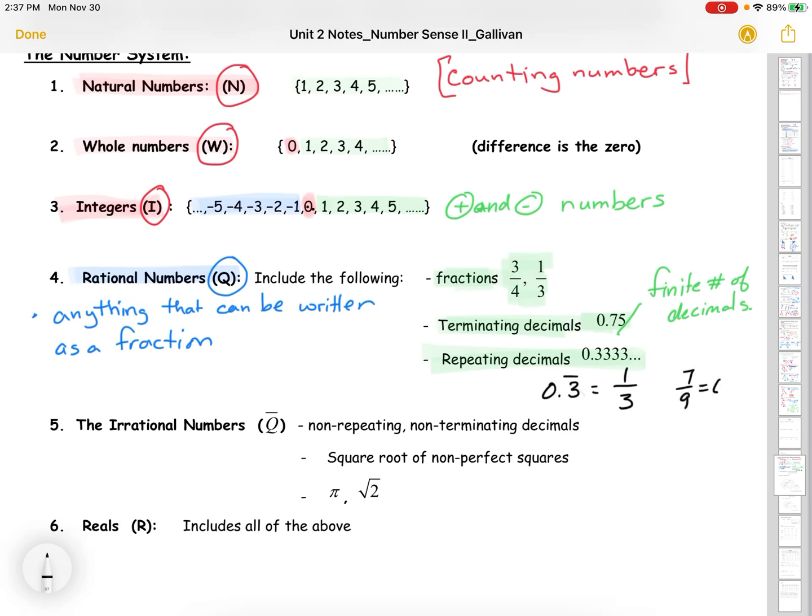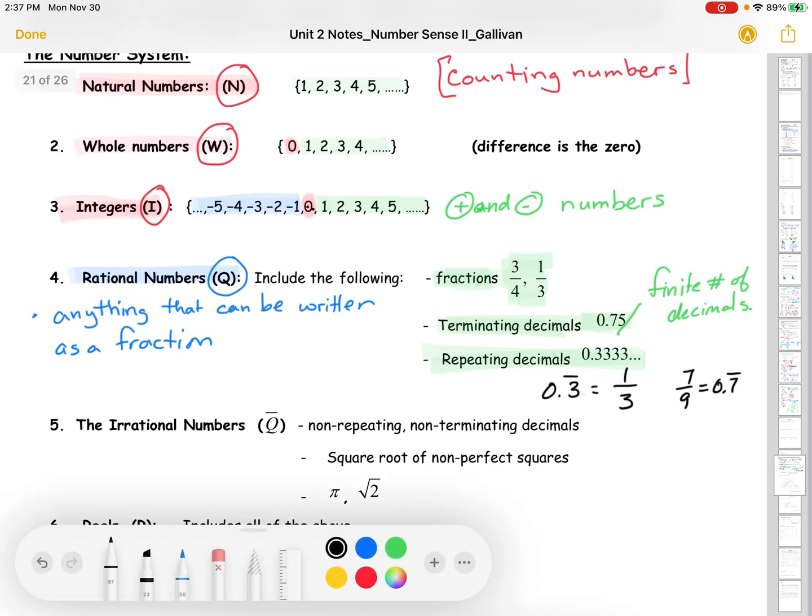So 7/9 gives you 0.7 repeating. So with repeating decimals, there are patterns for how you can write those as fractions.